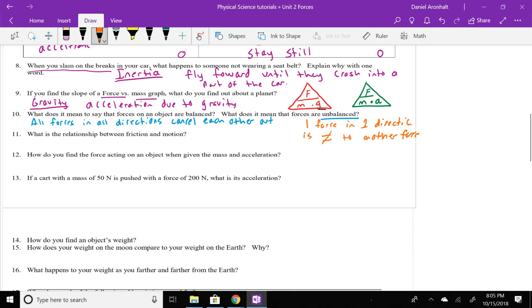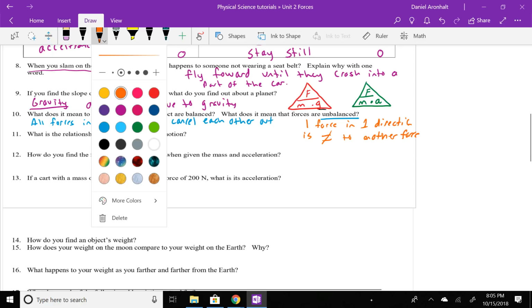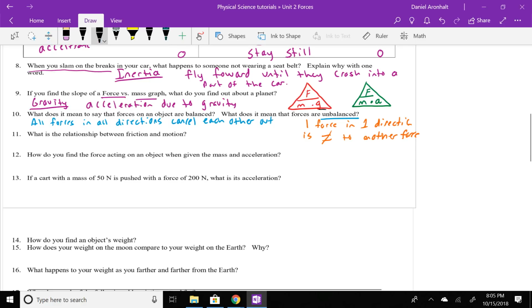Number 11. What is the relationship between friction and motion? Friction and motion act in opposite directions. That question has been on 3 different quizzes in some form or another.